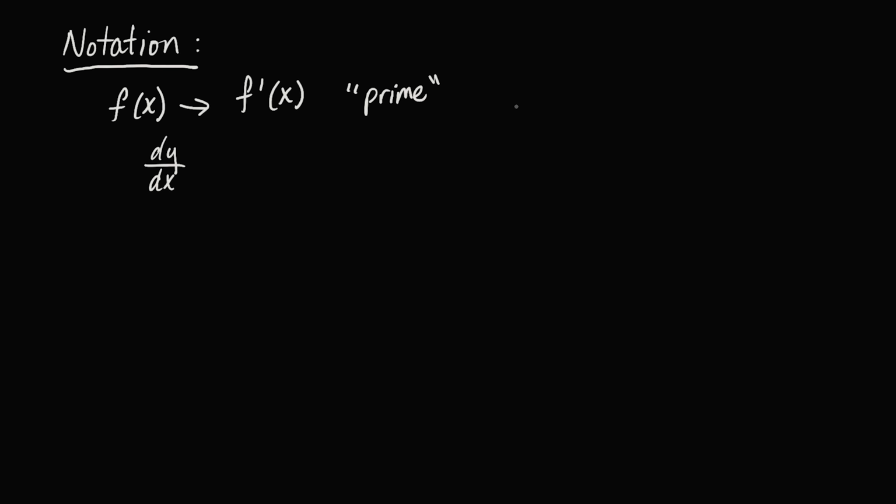Since the first derivative is f prime of x, the second derivative is going to be f double prime of x. Okay, so that's how we're going to write our notation here.